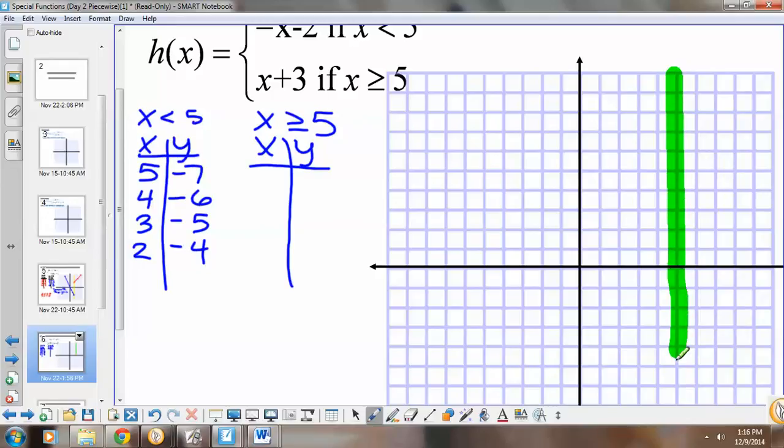What if I did it this way instead of doing it this way? It's still the same one. First point as an open circle, 5, -7.